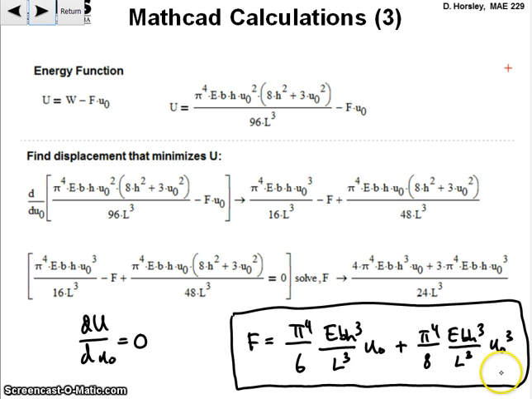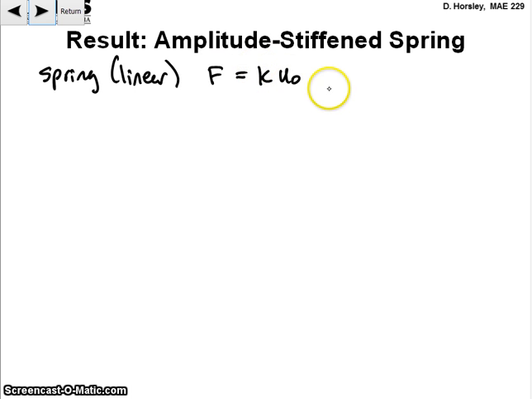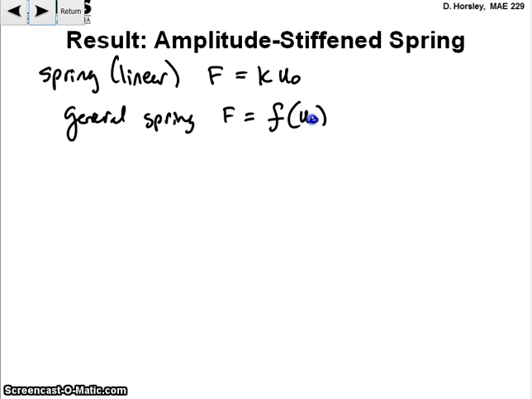Now the idea is that we would think about this as being a spring constant. For a linear spring, we would write F is equal to K times u naught. In general, we write that F is some function of u naught.